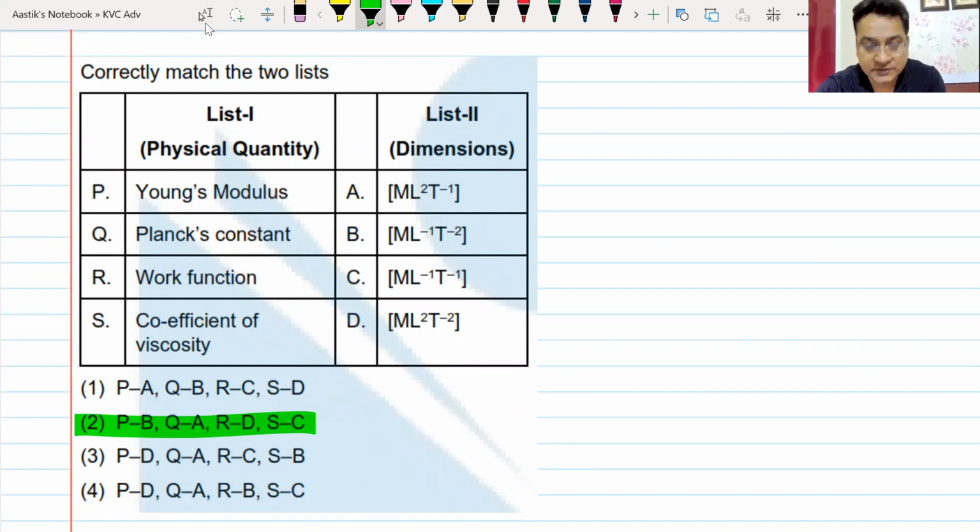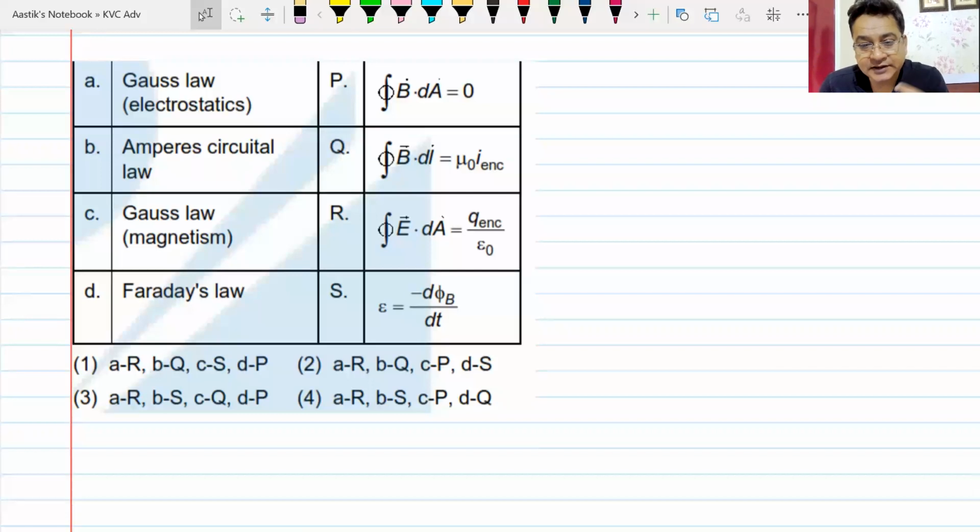Very smart question, and that might remind you of something that we have done in the class. This one, and I think I gave you everything in a tabular form. Same, even the order is different, but things are same. What is the answer for this one?